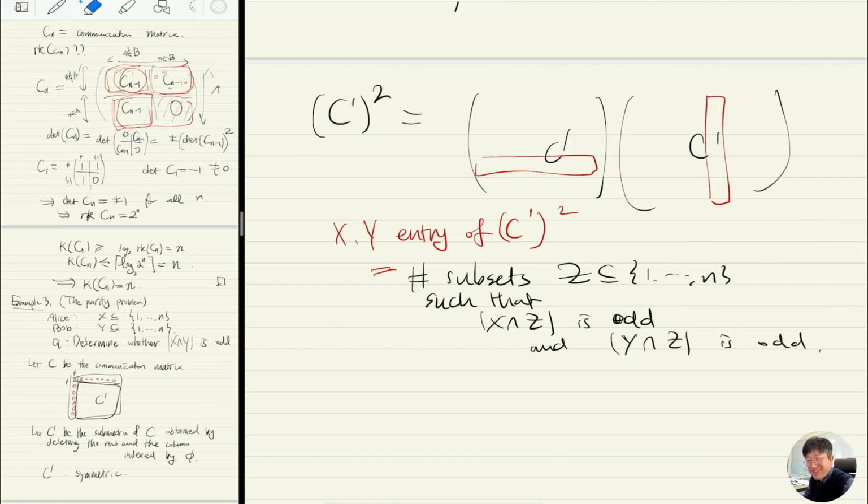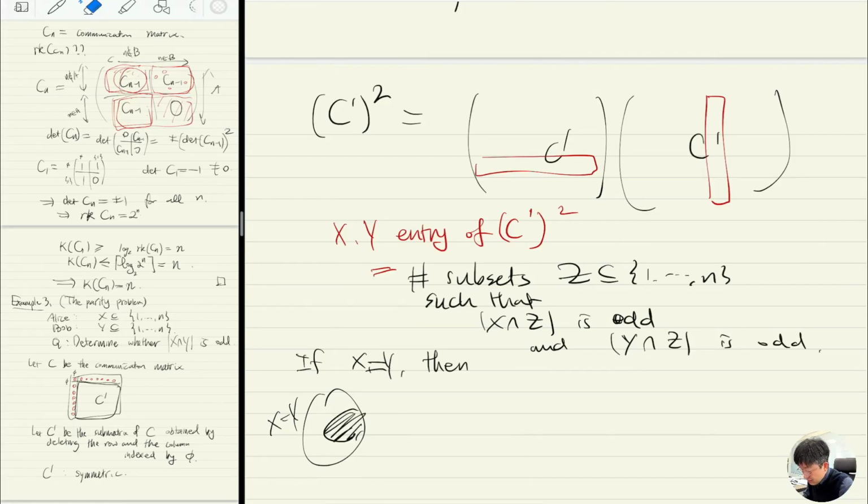So I want to determine this C prime squared. If X and Y are equal, how many ways can I pick a set G such that this intersection is odd?